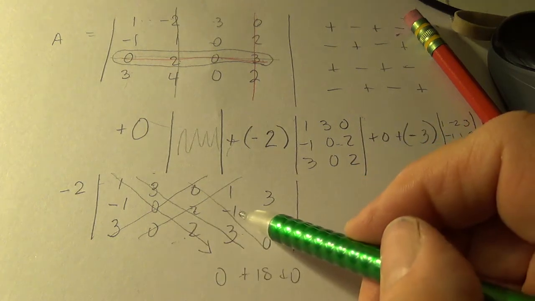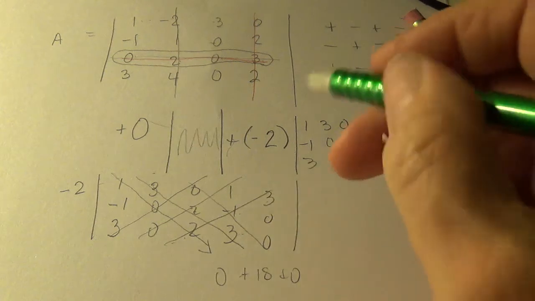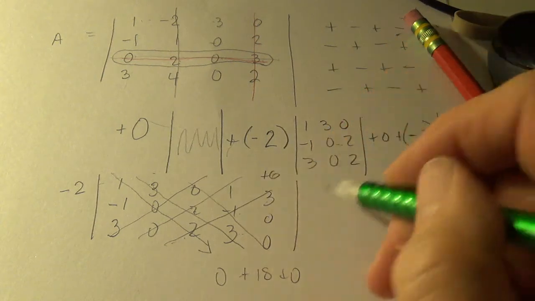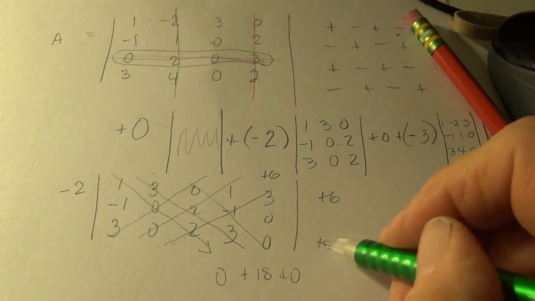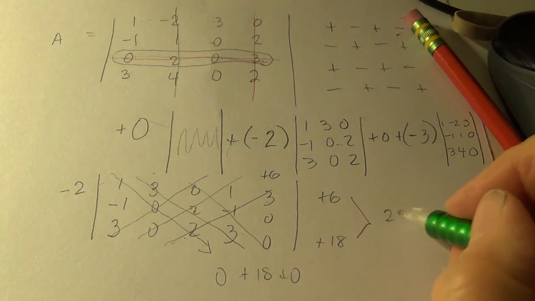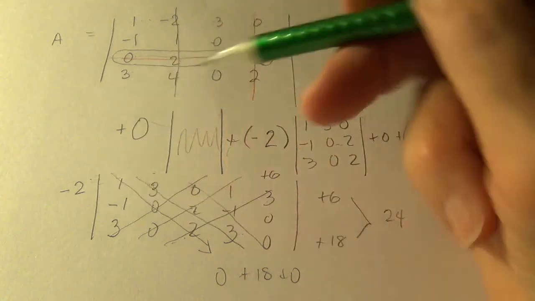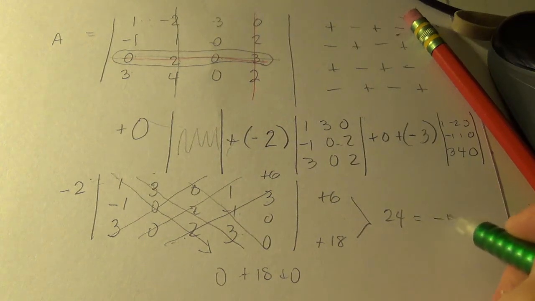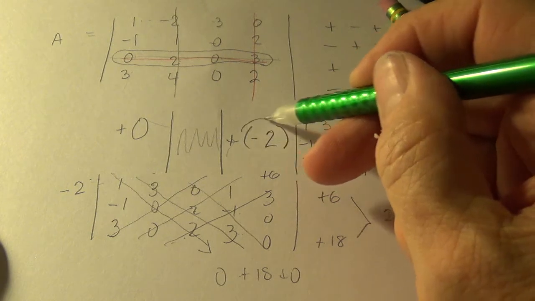This one is 2 times -1 times 3 gives me a -6, but I use a +6. So I take the +6 and the +18 and I add those together and I get a 24. And remember that is multiplied by this -2, so I get a -48 for this part right here.